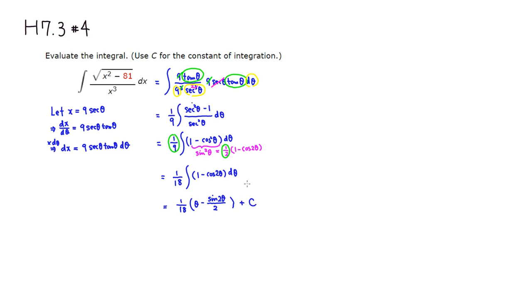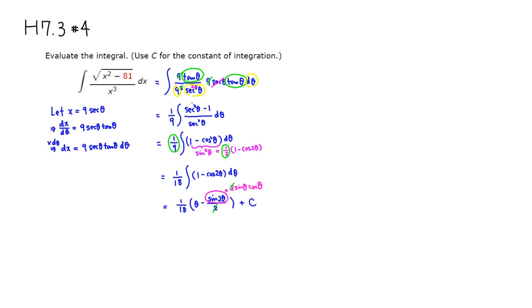All you have to do is rewrite it in terms of x. We're going to have to use a little bit of identity here. Sine of 2 theta is equal to 2 sine of theta cosine of theta, so we get to cancel the 2 on top and the 2 on the bottom.